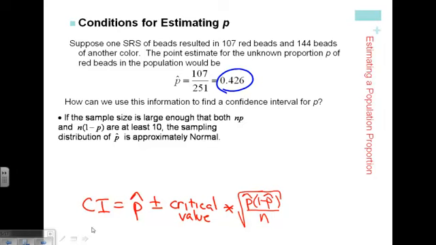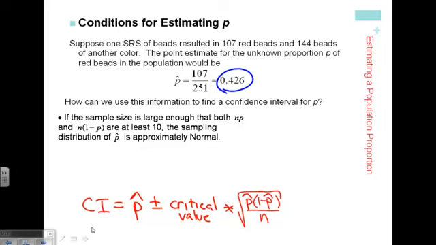Let's go with independence. Independence only comes if the population is substantially larger than our sample, at least 10 times the sample size. Did I describe a really big barrel of beads? Do you think 251 of them is less than 10% of the population in my description? Okay, let's say that one is also good.